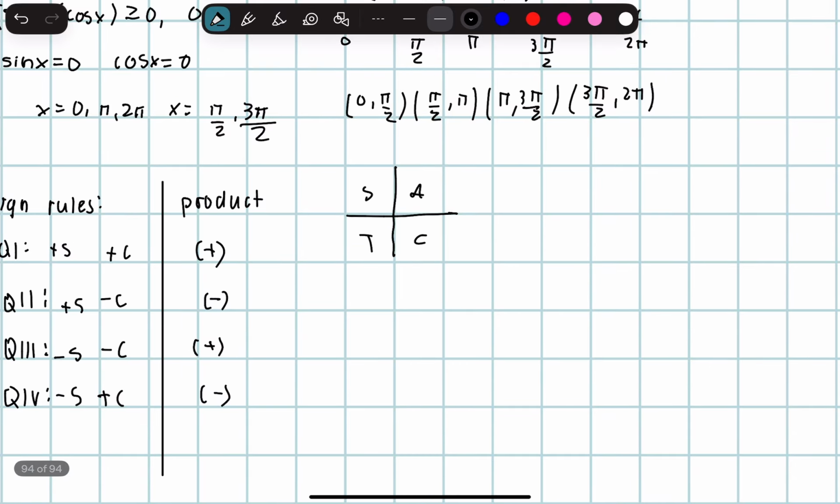We want our solution to be greater than or equal to 0, so that means we want positive.